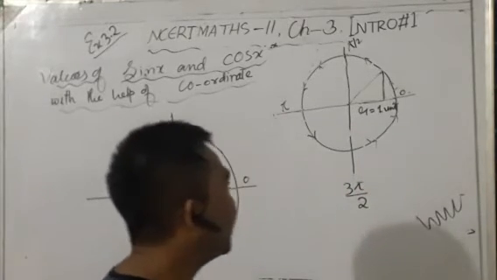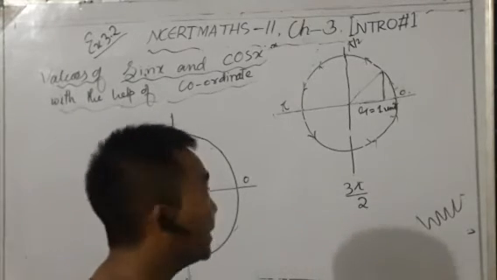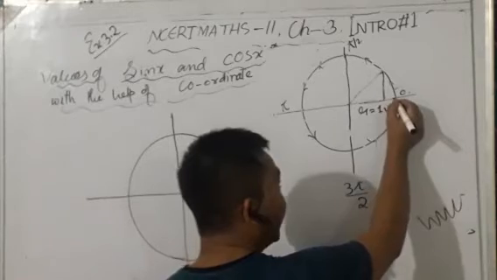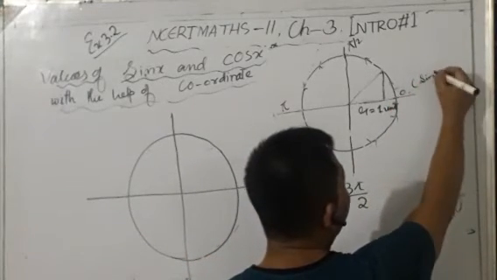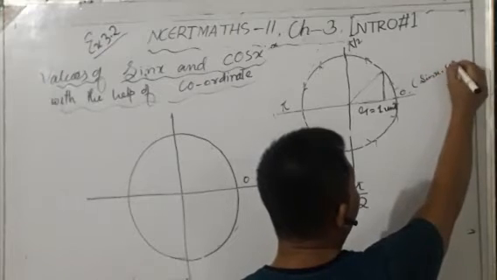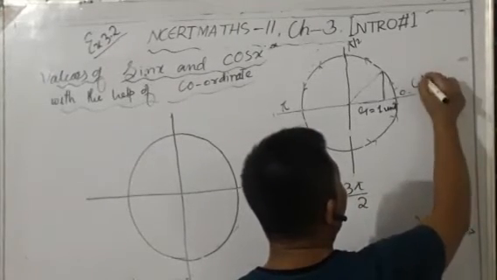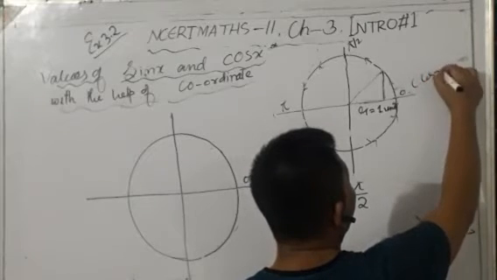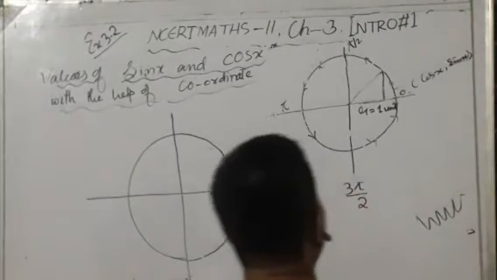Now, in terms of coordinates, at this angle it will be cos x and sin x. Correct? Cos x and sin x.